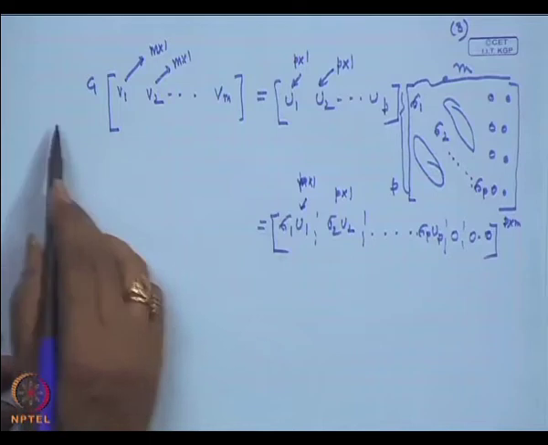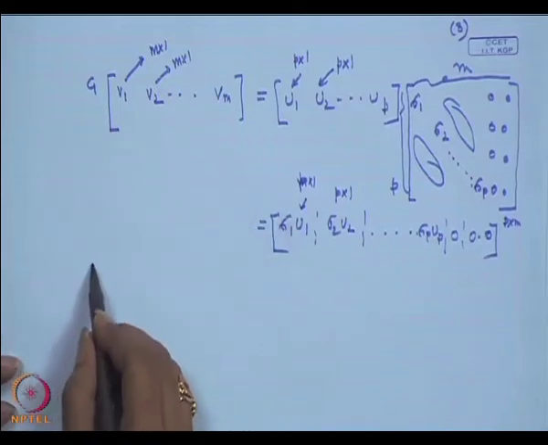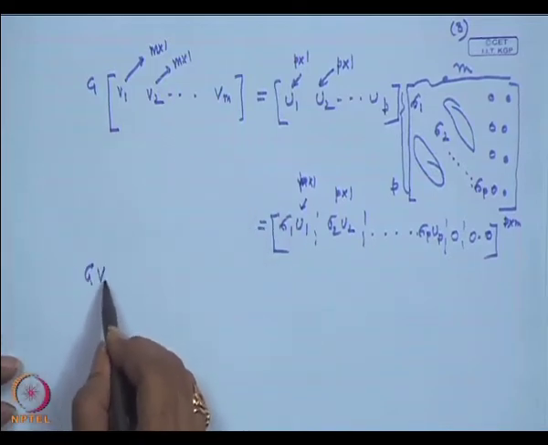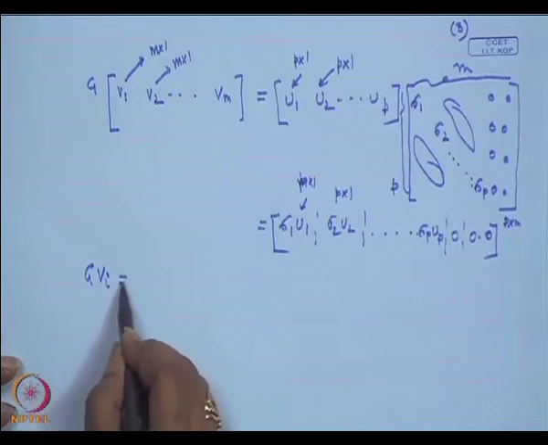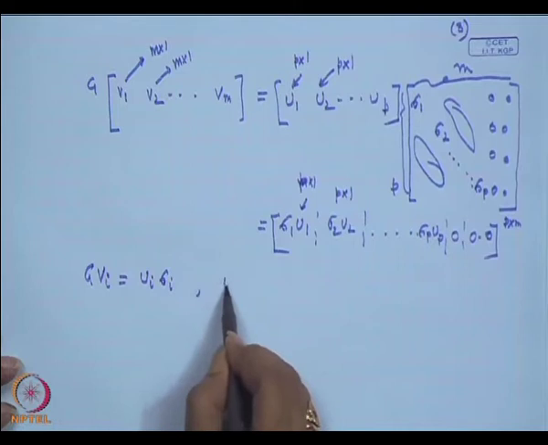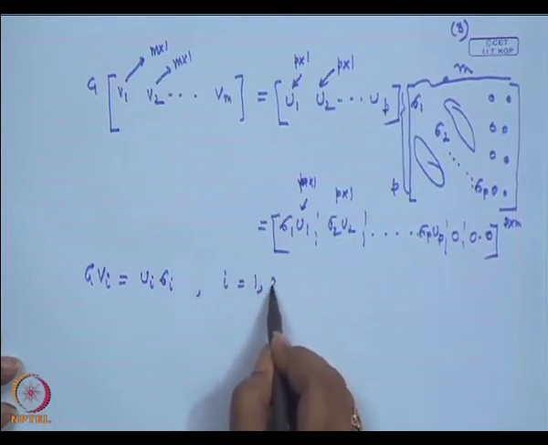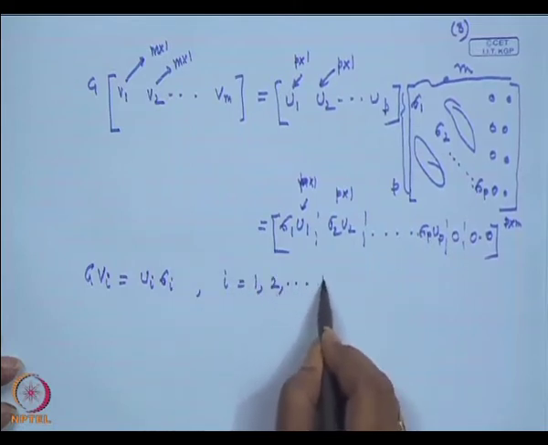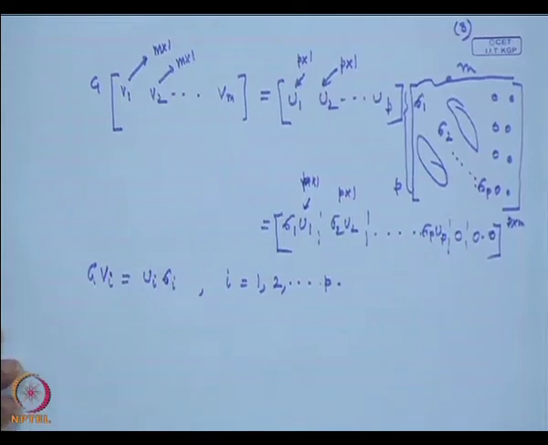So, if I equate the left hand side and right hand side, I can write in short G V i is equal to u i sigma i, where i varies from 1 to P. Agree? Then what does this mean?